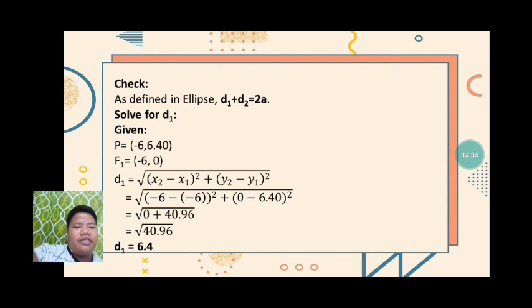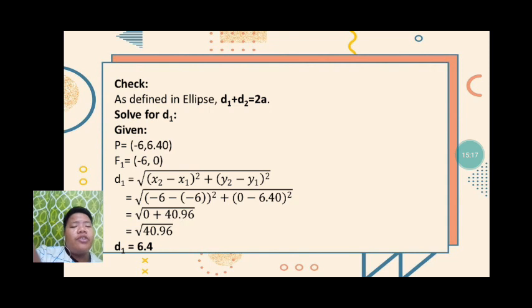is negative 6, 0. So to find the distance 1, the square root of the quantity x sub 2 minus x sub 1 squared plus the quantity y sub 2 minus y sub 1 squared is equal to, just simply substitute the given values, negative 6 minus negative 6 squared plus the quantity of 0 minus 6.40 squared is equal to the square root of 0 plus 40.96 is equal to the square root of 40.96.